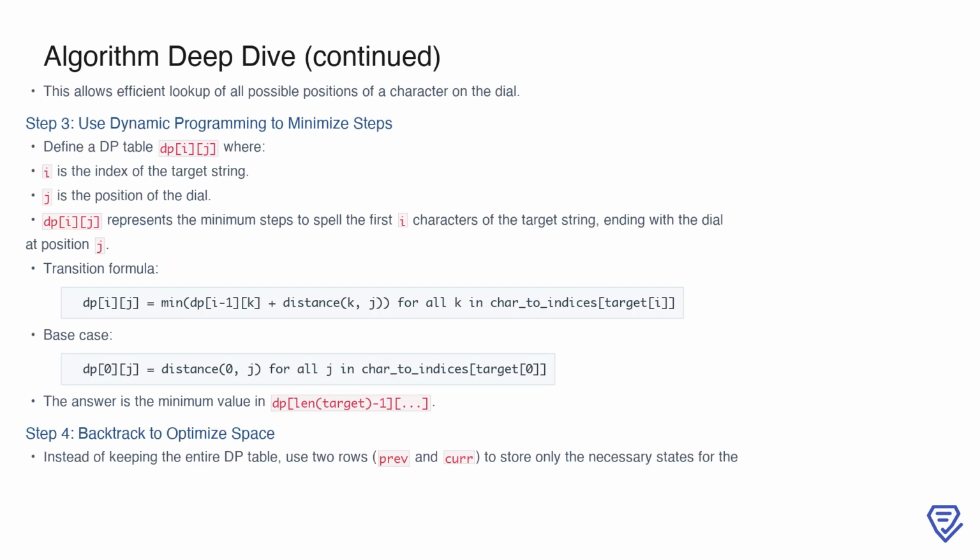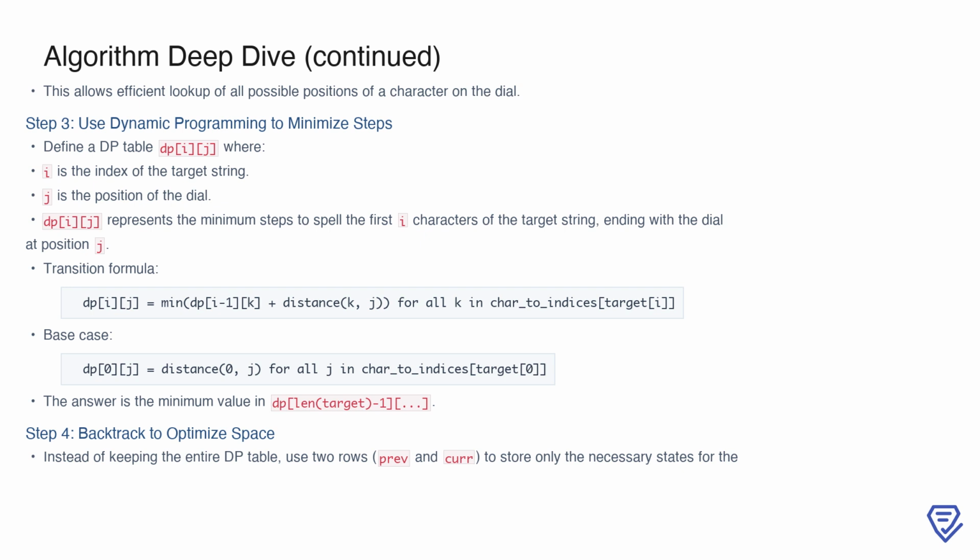With the character indices mapped, we can now use dynamic programming to determine the minimal steps needed to spell the target string. We define a DP table, where DP[i][j] represents the minimum steps required to spell the first i characters of the target string, with the dial ending at position j. The transition formula calculates the minimum cost of reaching j from all possible previous positions k for the current character in the target string.